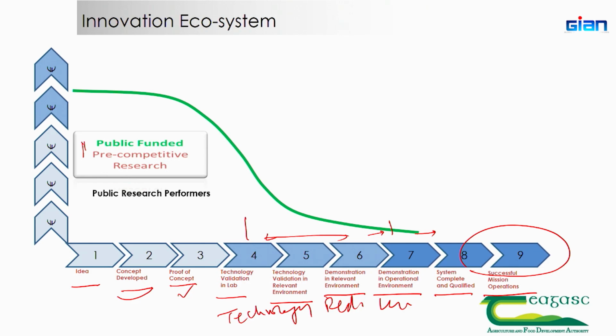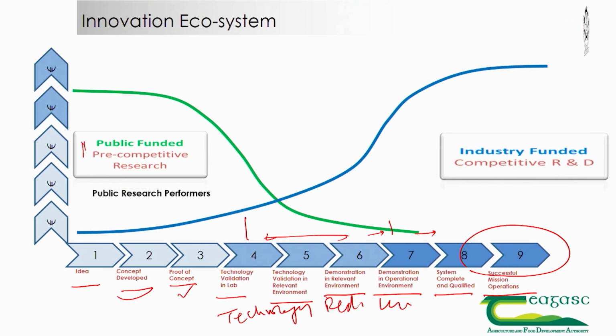The second part is industry funding. Industry is not much interested in basic research. Their main focus is what technology you have, what process you have, and how they can make money out of it. That is what they want to establish. You found a new ingredient with a better shelf life, or a new protein compared to dairy protein, and then they want that process developed to get competitive R&D.